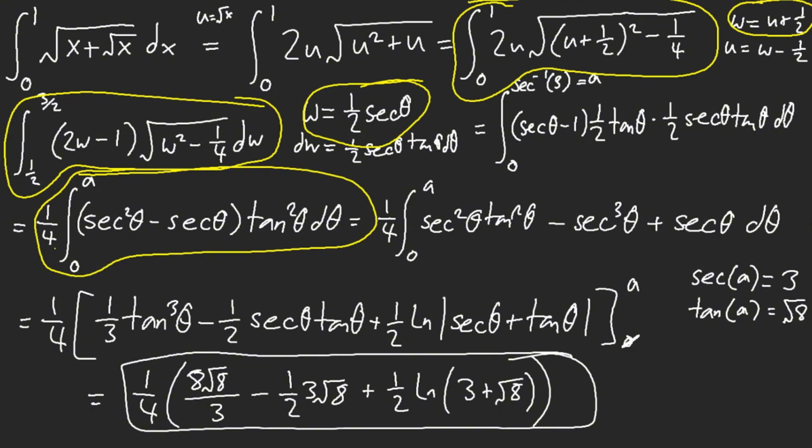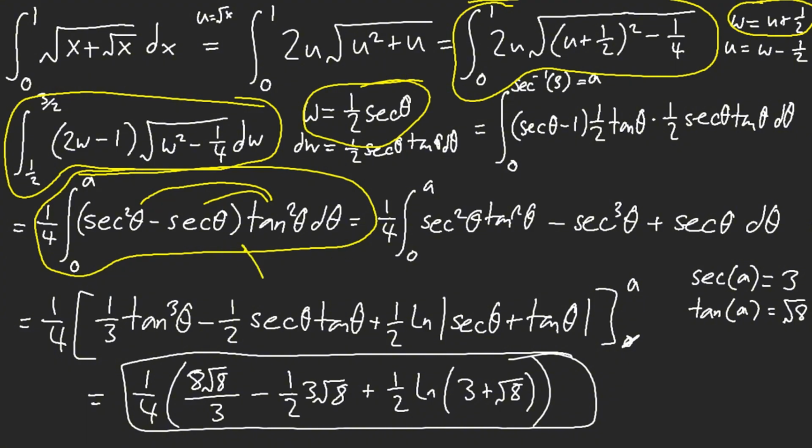Okay, so we got 1/4 of secant square theta minus secant theta, all that times tangent square. And then pretty much you distribute and turn that tangent square in terms of secant cube and secant theta. Okay?